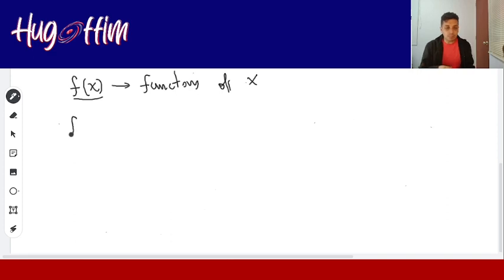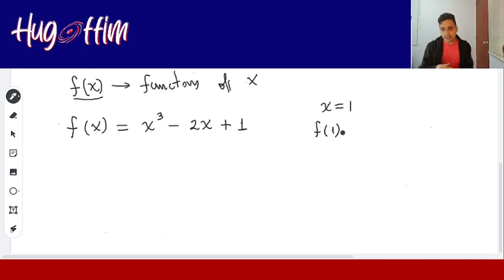So let's start with a simple one. Let's say that you have the function f(x) equals x to the third power minus 2x plus 1. So what does this mean? It means that, for example, if I choose x equals 1, I'm going to replace all the values of x here by 1. So I'm going to use 1 to the third power minus 2 times 1 plus 1.